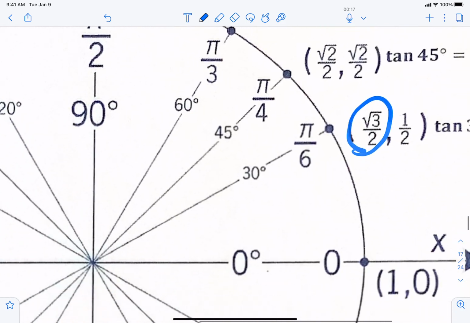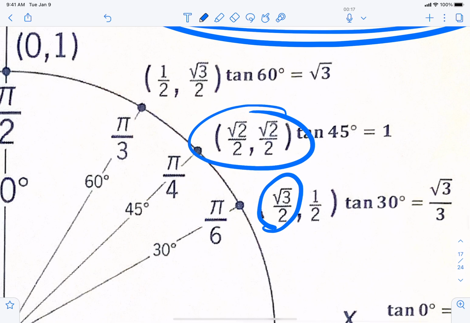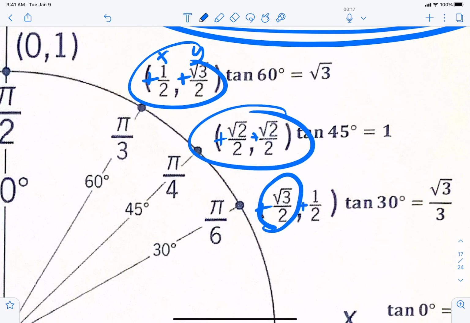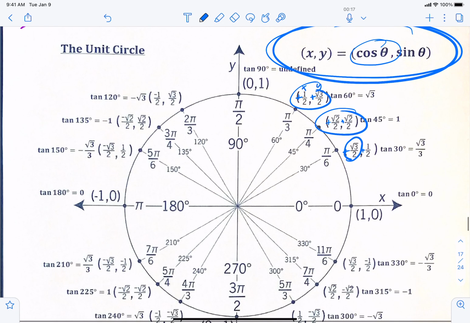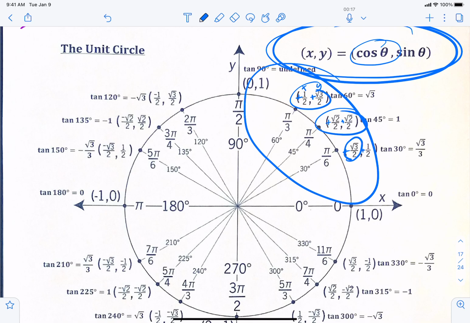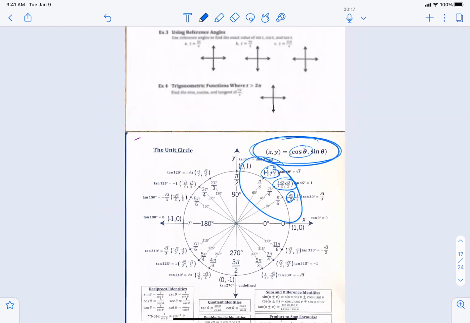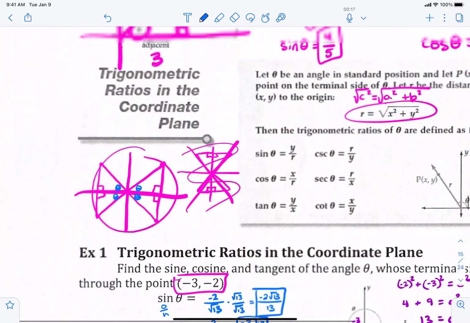Looking at your unit circle, the x's and the y's are both positive. So if it's an angle between 0 and 90 degrees, the first quadrant, your sine and cosine values should be positive numbers.